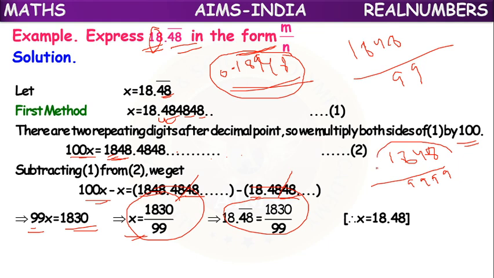But here we don't have it in that manner. We are getting 18.48 bar. So in the numerator, 1848 we cannot write directly, because from 1848, this 18 is to be removed, so that it will become 1830.